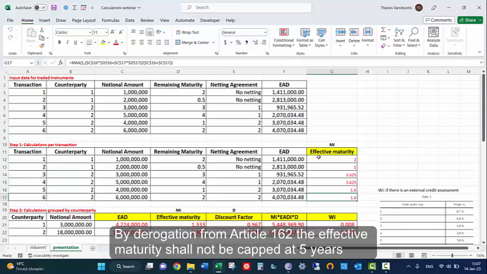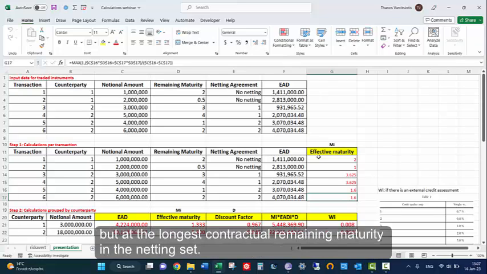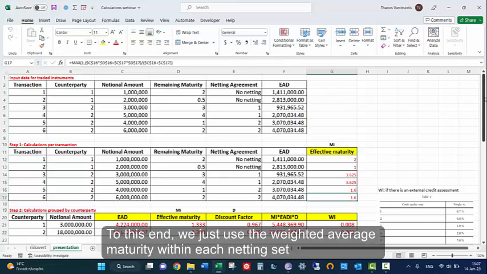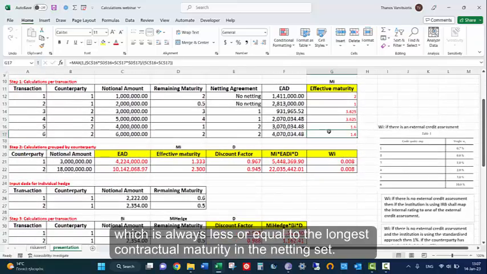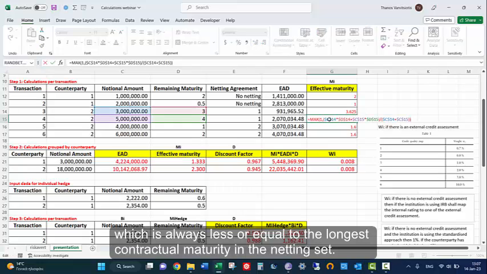By derogation from Article 162, the effective maturity shall not be capped at 5 years, but at the longest contractual remaining maturity in the netting set. To this end, we just use the weighted average maturity within each netting set, which is always less than or equal to the longest contractual maturity in the netting set.